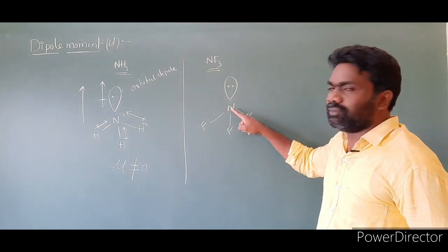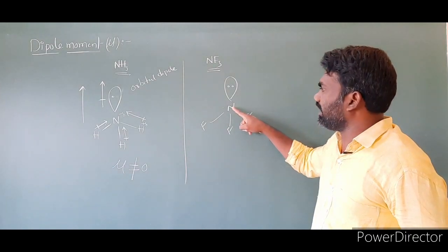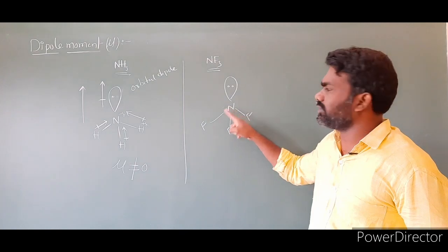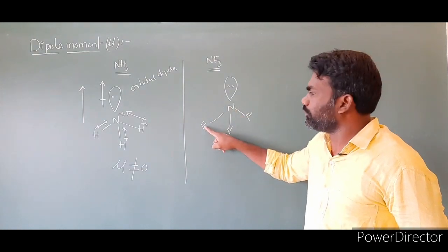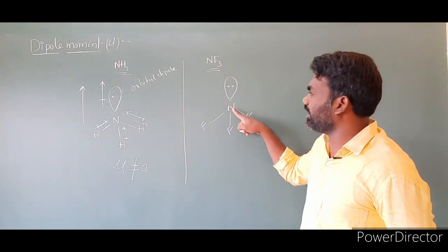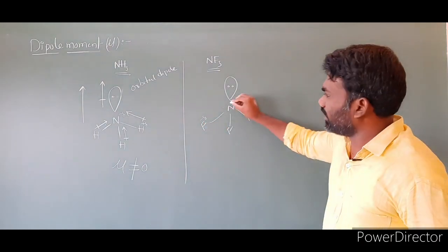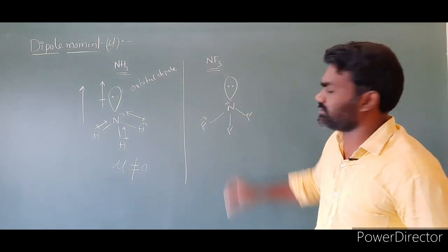Now we have to find the electronegativities of nitrogen and fluorine. Nitrogen is less electronegative when compared to fluorine. I mean, fluorine is more electronegative than nitrogen. So fluorine has a partial negative charge and nitrogen has a partial positive charge, isn't it?